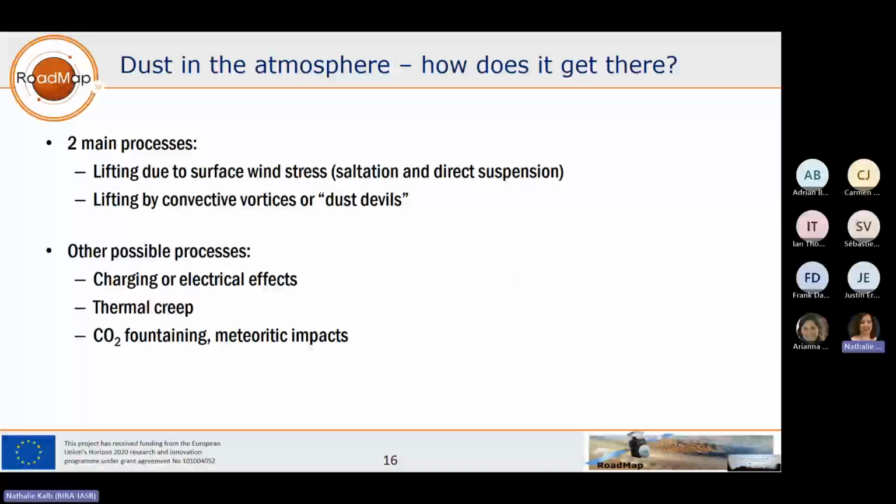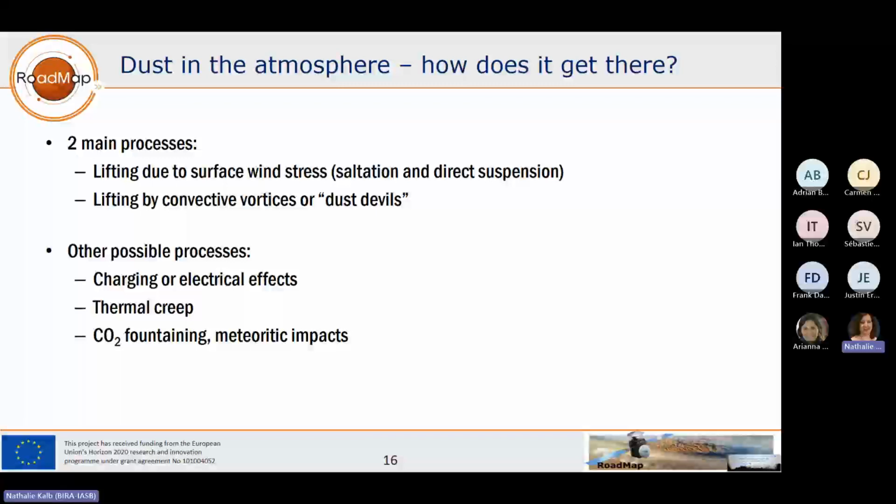How does dust get there? This was already covered by Gerhard and John. I'm stressing the two main processes: lifting due to surface wind stress, saltation and direct suspension, and lifting by convective vortices or dust devils.